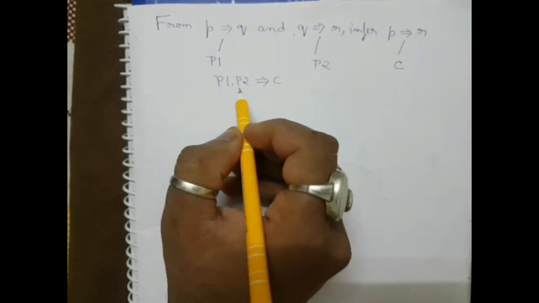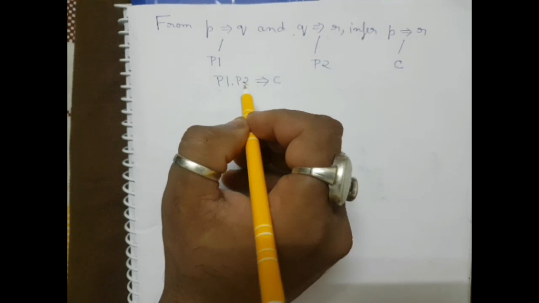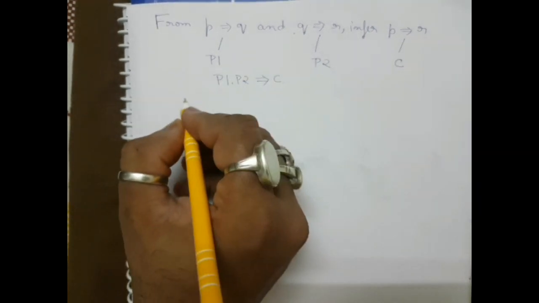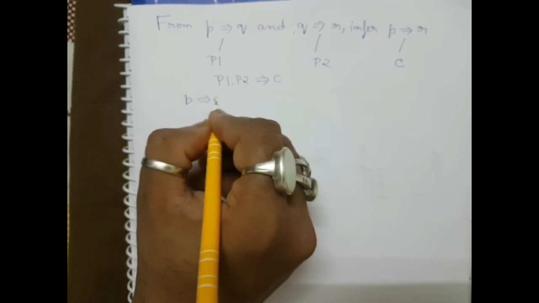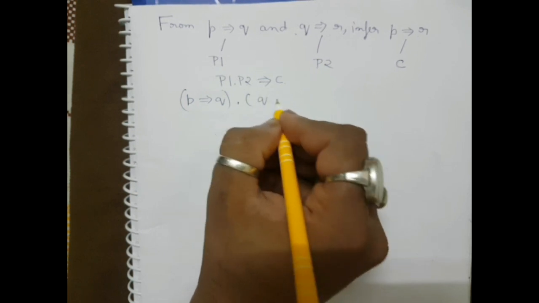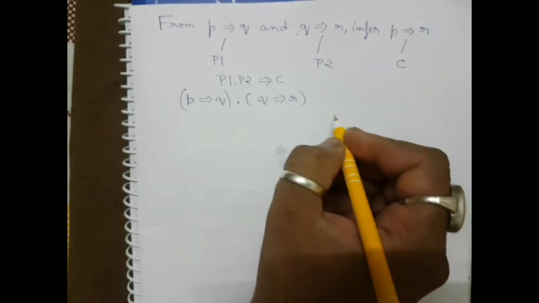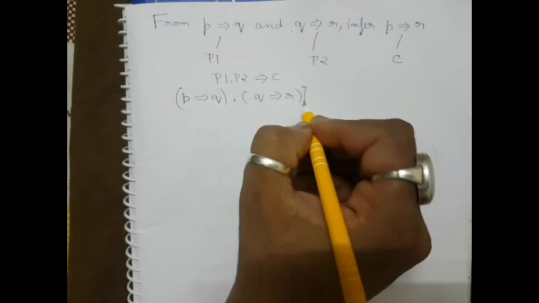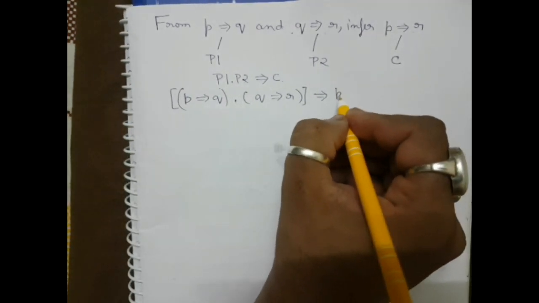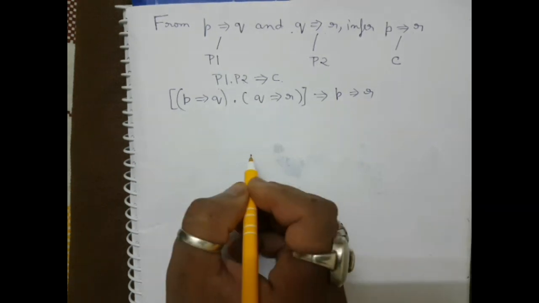So we write P1 dot P2, that means the first premise and the second premise, conditional, the conclusion to be drawn, that is P conditional R. In a proper expression, in parentheses, P conditional Q, conjunction, Q conditional R, and then the conclusion to be drawn, P conditional R.